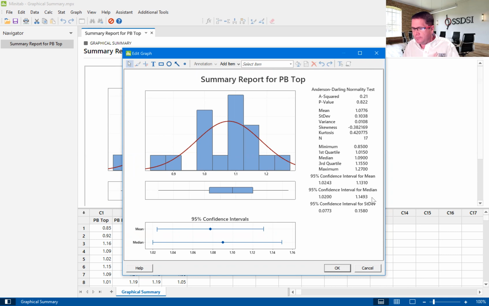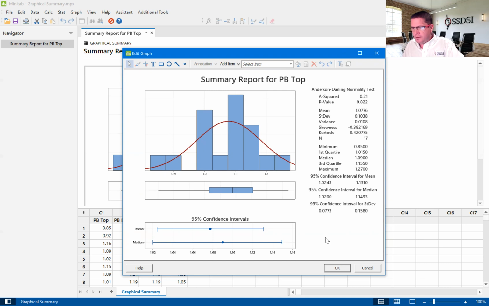It gives us the confidence interval for the mean, the median, the standard deviation, and some good pictures to help us understand from a graphical viewpoint. This is a great high-level understanding of that distribution of data.